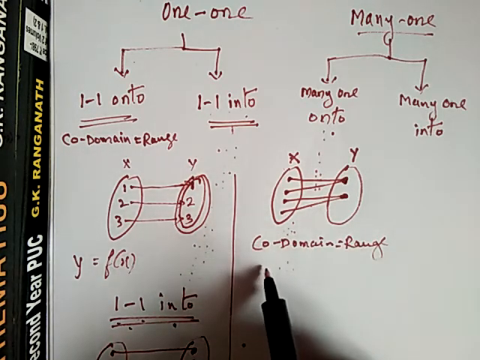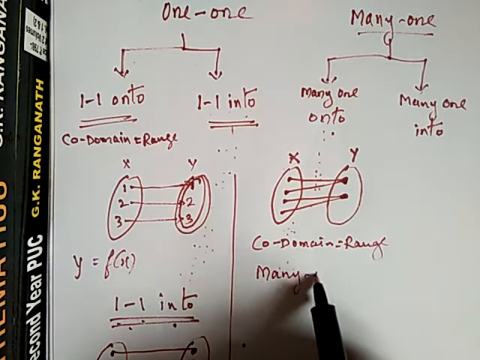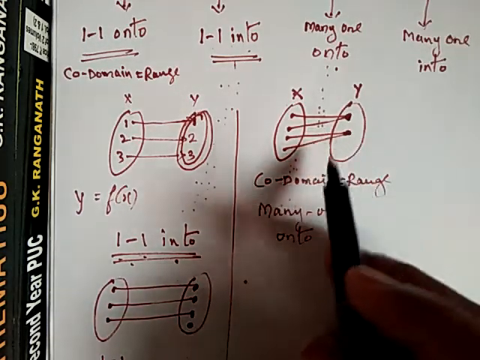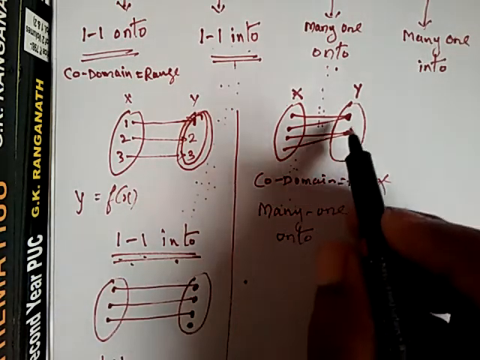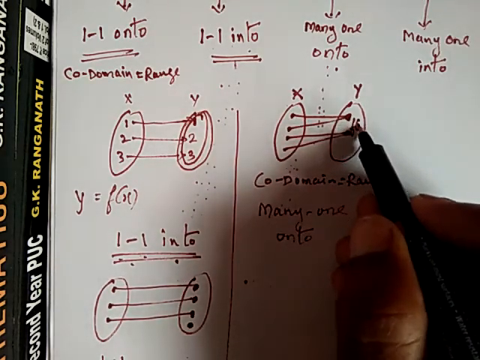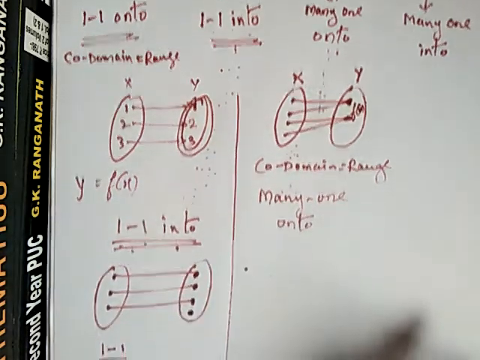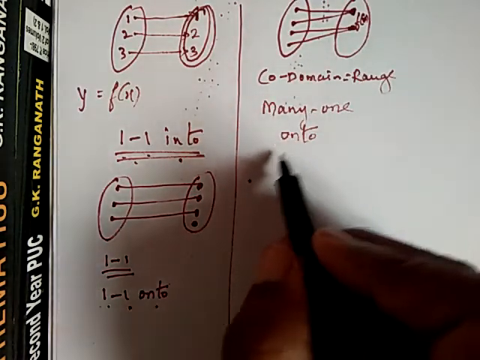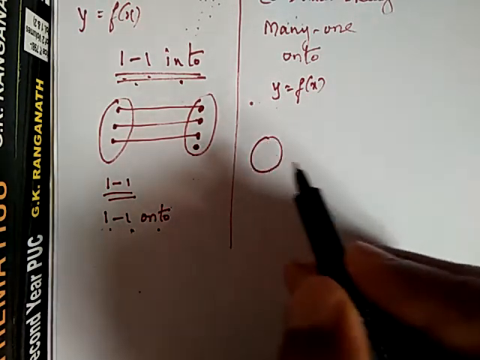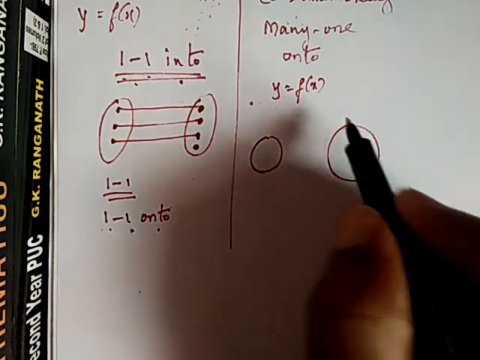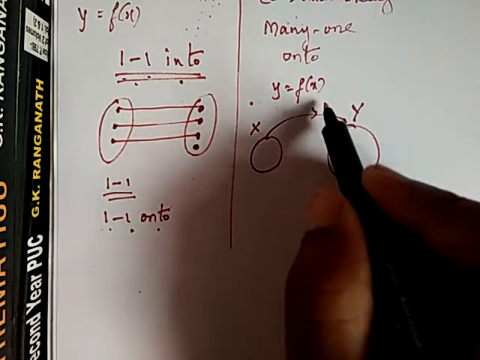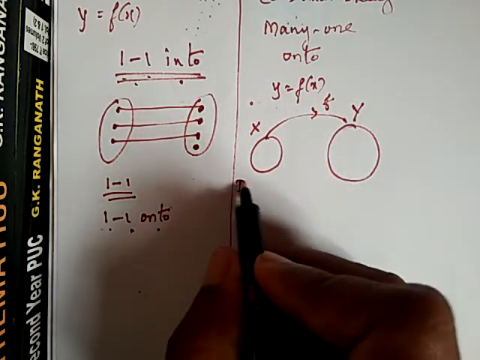Then you can say that it is a many-one onto function, because here range is equal to codomain. Another way to say it: y is equal to f of x. Suppose this is the domain and here is the codomain, defined as y, and it is defined by x, and from here to here it is a function f.